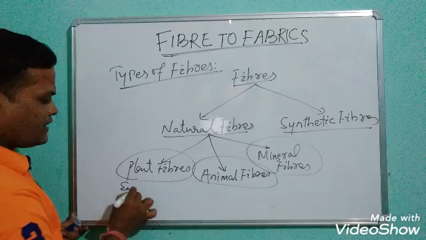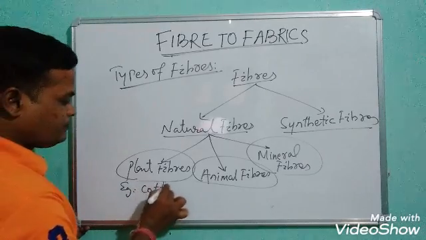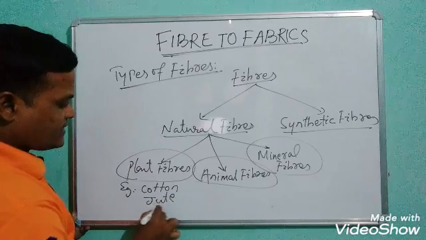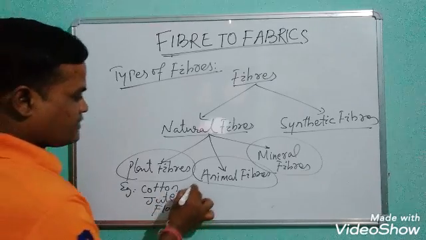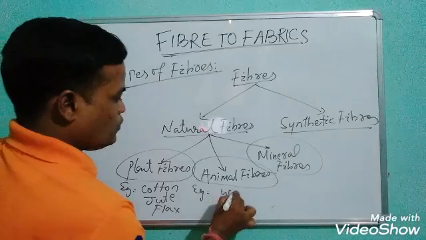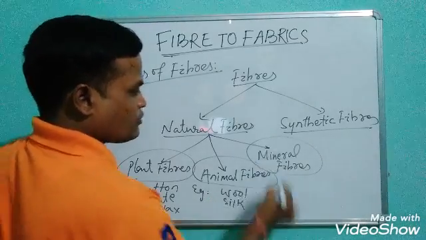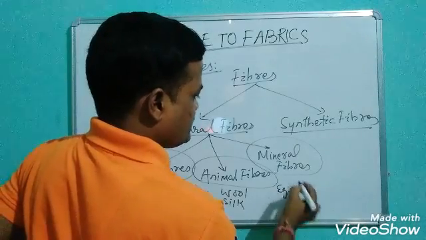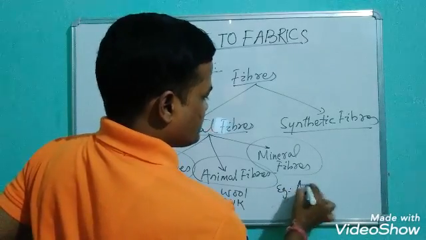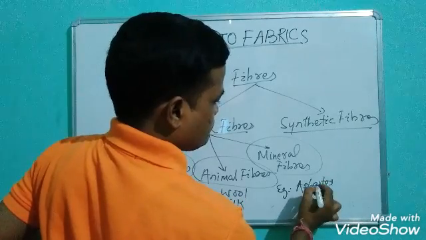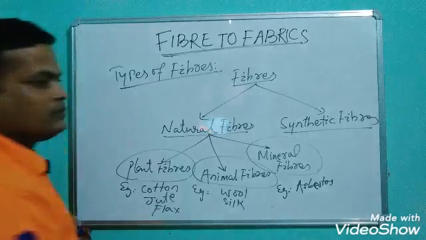Examples of plant fibers are cotton, jute, flax. Examples of animal fibers are wool and silk, and an example of mineral fiber is asbestos.